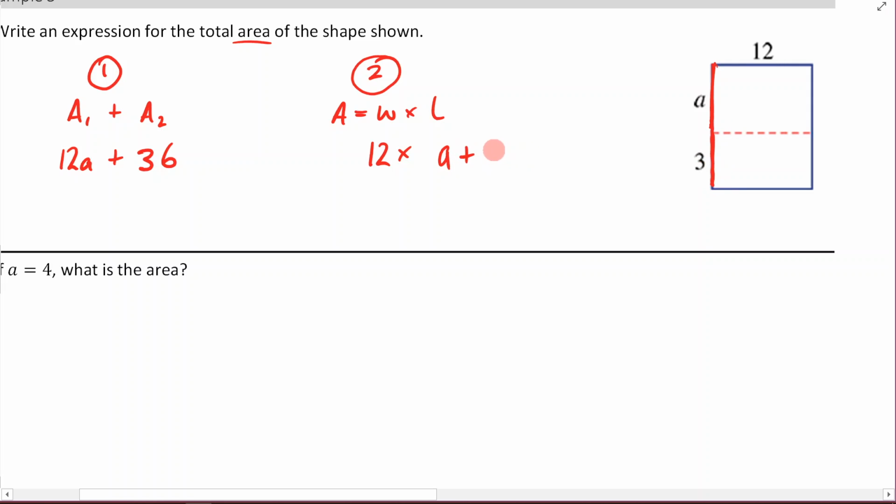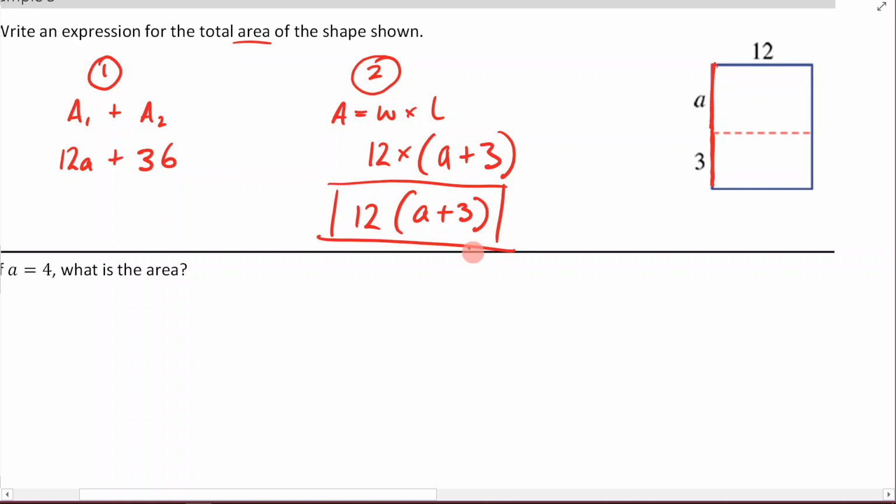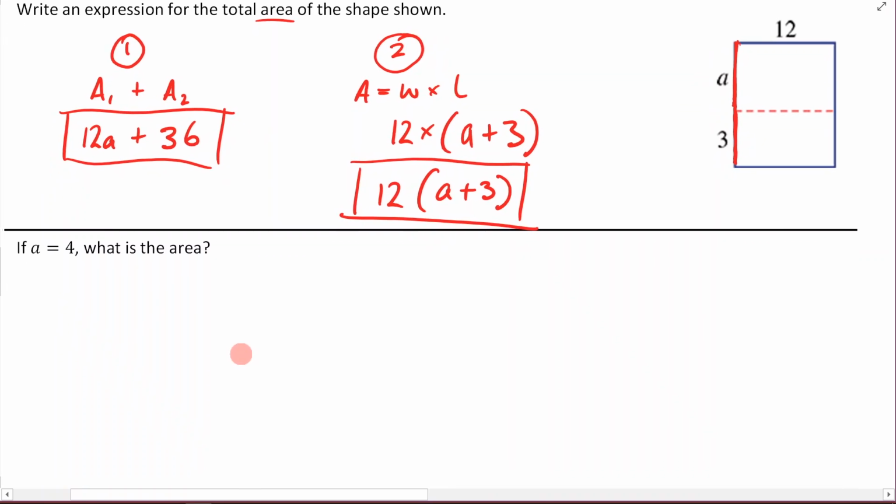So we're going to plus 3. And then we're going to put brackets around it because we want to treat it as one whole. It's the width times the entire length. And a better way to write that is like this, without the multiplication sign. That is one expression. That is another expression. These expressions are equivalent, and we're going to be seeing that very soon in practice.